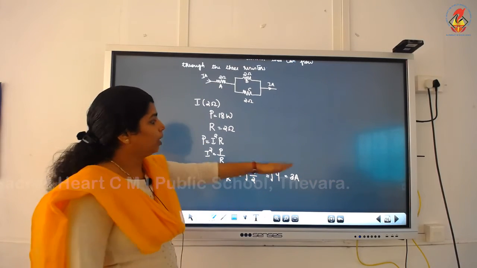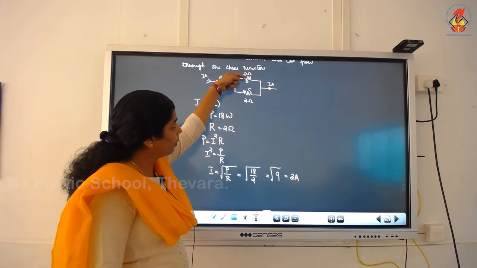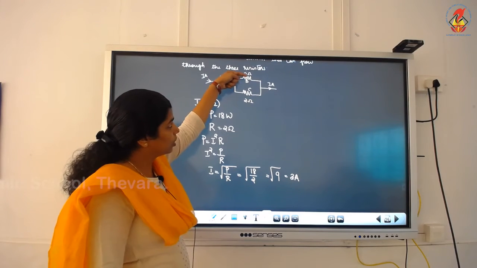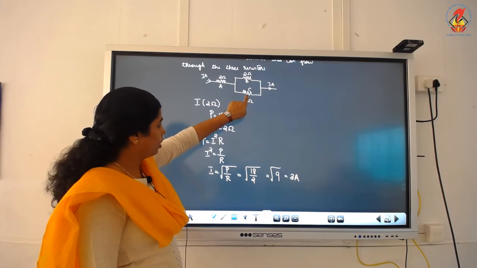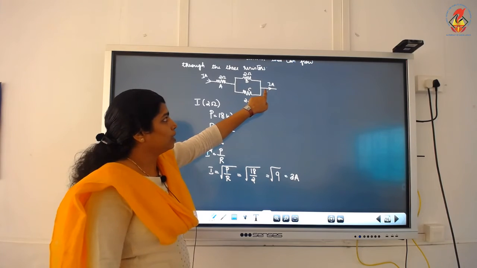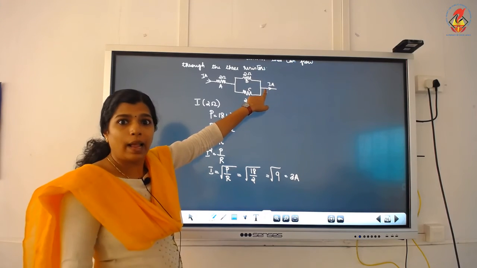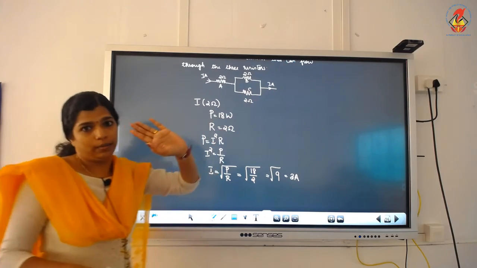So, 3 by 2 is 1.5. At this point again the 1.5 and 1.5 will add together and 3 ampere will flow there.